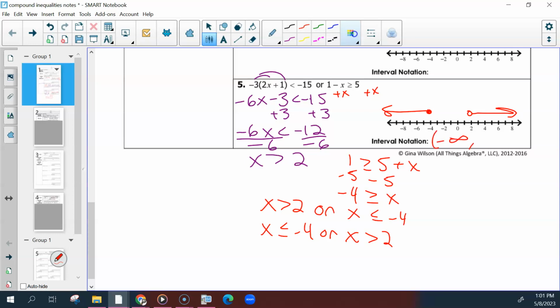Starts at negative infinity, ends at negative 4. That would be a bracket. Pretty close. Then it would start again at 2 and go to infinity. Any other questions on this page or questions about 5? If not, go on to the next one.